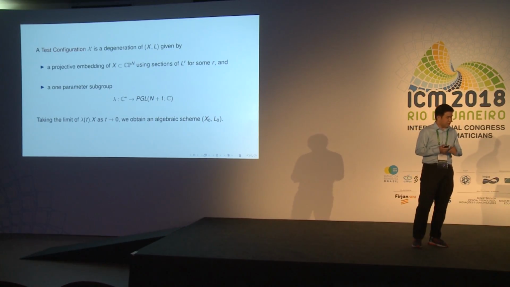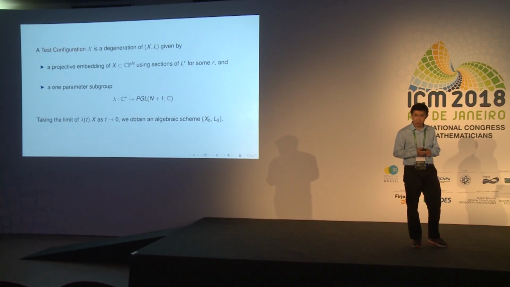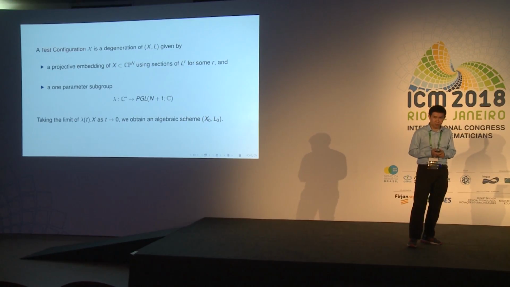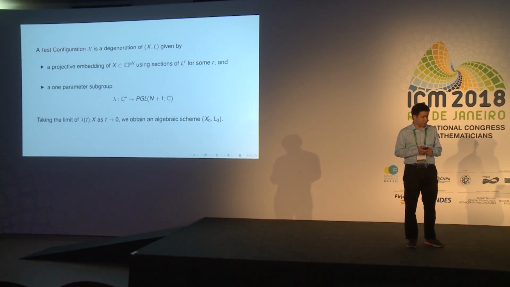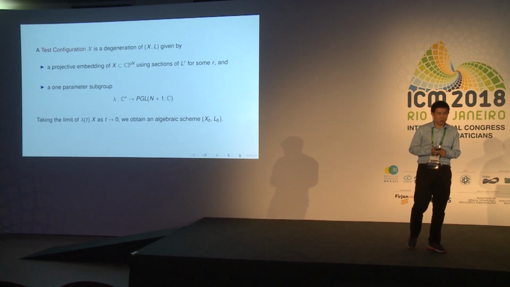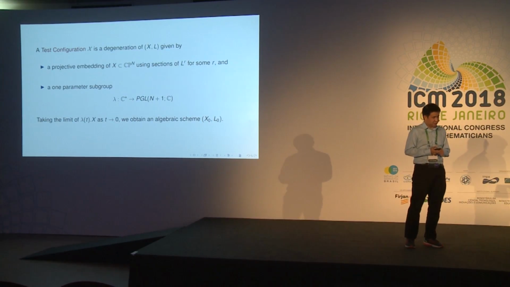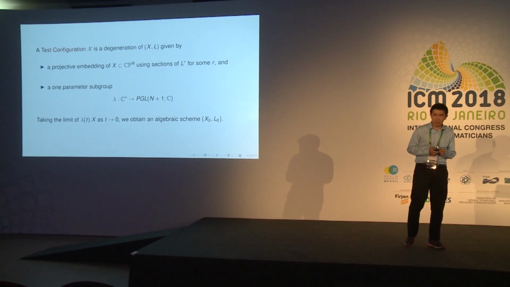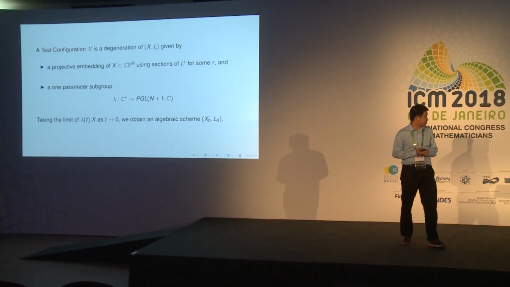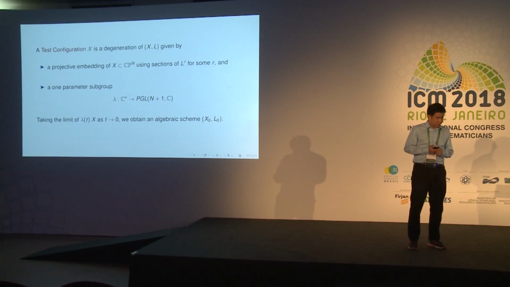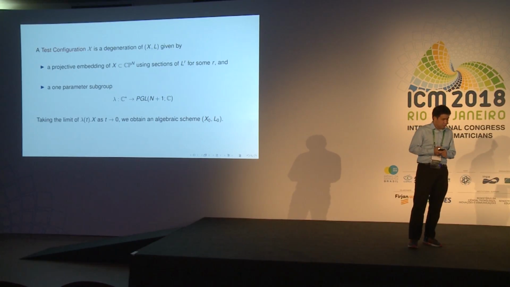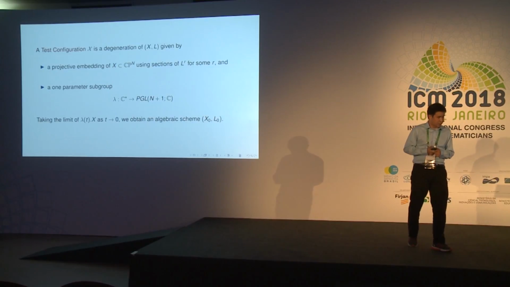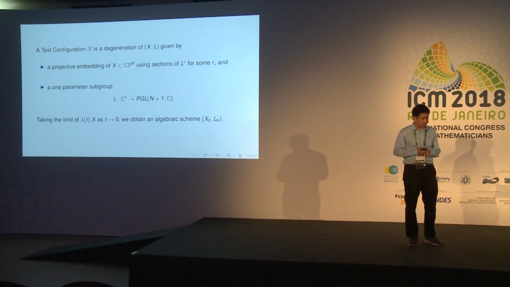For K-stability, I always talk about it in terms of a pair, X and an ample line bundle. So a test configuration is, roughly speaking, an algebraic degeneration of the pair. More precisely, you first embed your X into some projective space using holomorphic sections of this line bundle and its powers, by any embedding, and then you choose a one-parameter subgroup in the projective linear transformations of the ambient space.